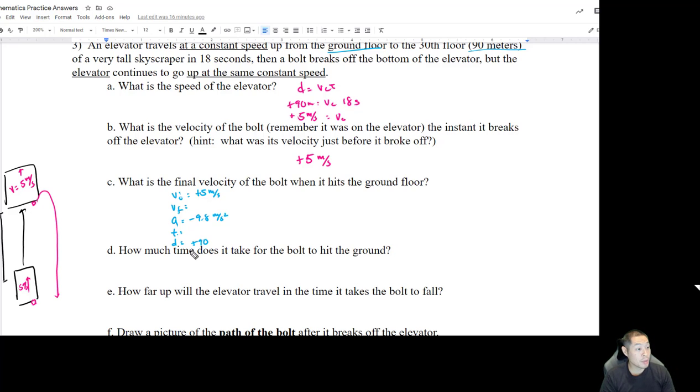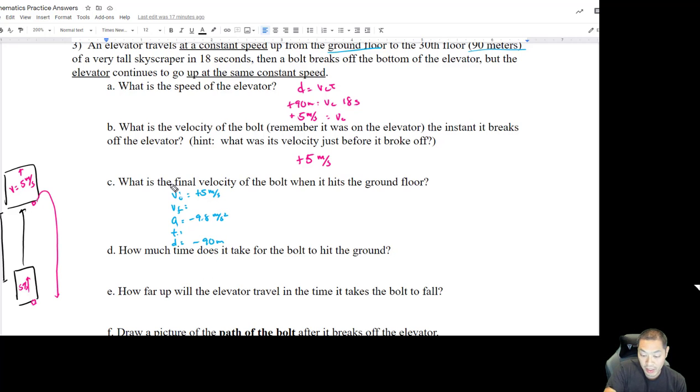Now here's the tricky part. It says, what's the final velocity when it hits the ground? So even though it's 90 up, it's going to travel 90 down. So make sure you get your sign right. I initially got it wrong. It should be not positive 90, but negative 90 because it's falling down. Now we have three of the variables.